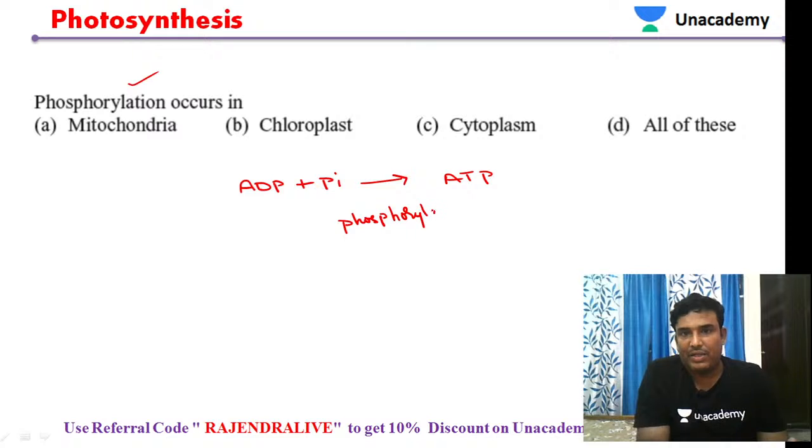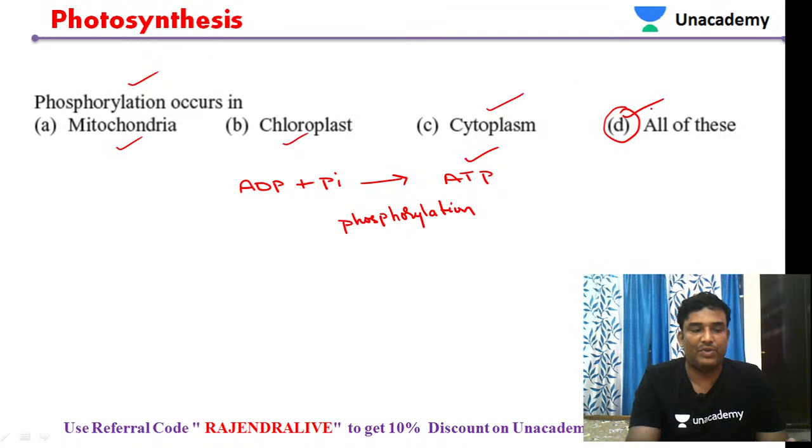It is the addition of phosphate to ADP to form ATP. Such a process is called phosphorylation. Where does phosphorylation take place? It occurs in mitochondria, in chloroplast, and in cytoplasm. So everywhere it can occur. So option D will be our answer according to this.